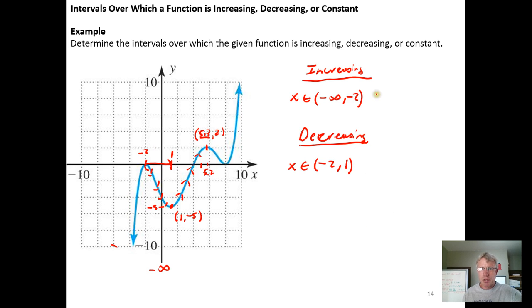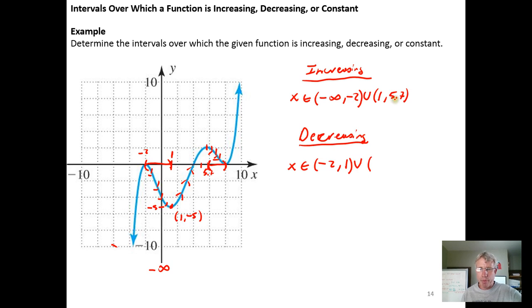So we're increasing, so I'm going to say union. We start at 1 and we roll over to about 5.7. The function's increasing over that interval. And now it decreases again. Between 5.7 and exactly 8, the function's going down, so it's decreasing.